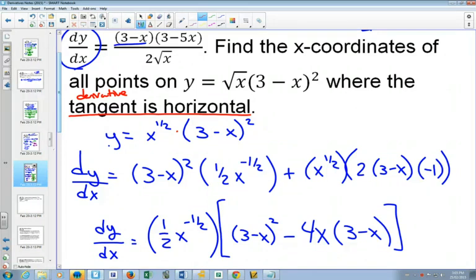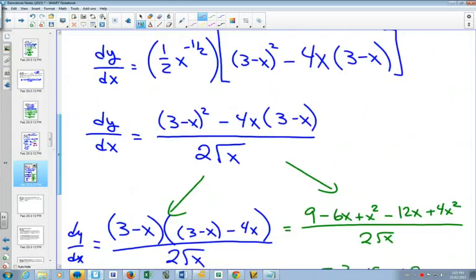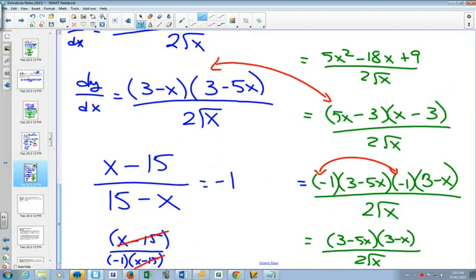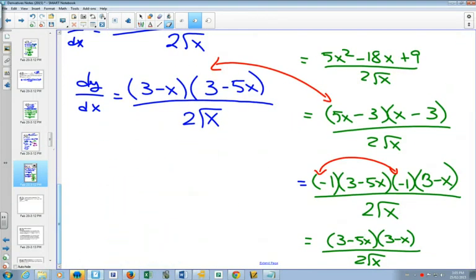Okay? And if we have a horizontal tangent, what do we know about the slope of that tangent at that point? It'll be 0, because it would be completely flat, right? So the slope would be 0. So we go down to our equation and we say, well, now I know my slope would have to be 0.